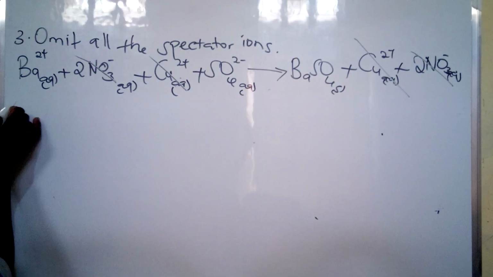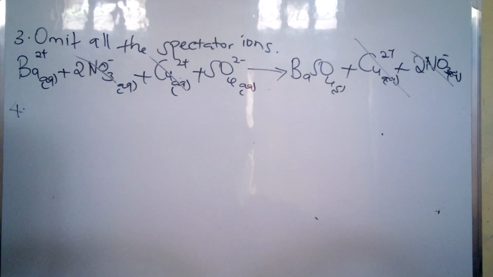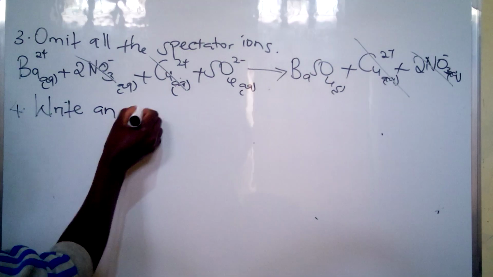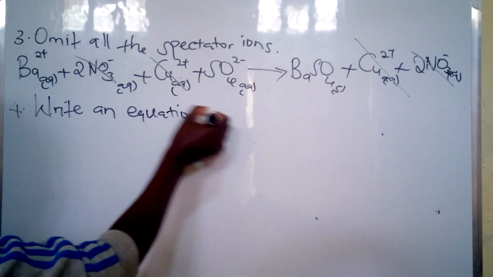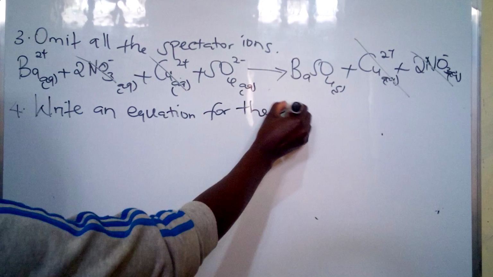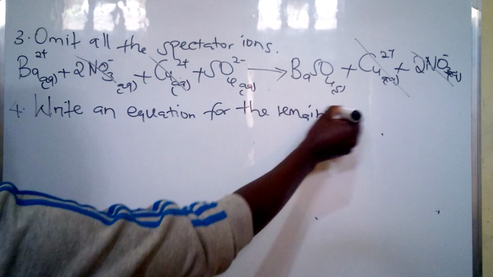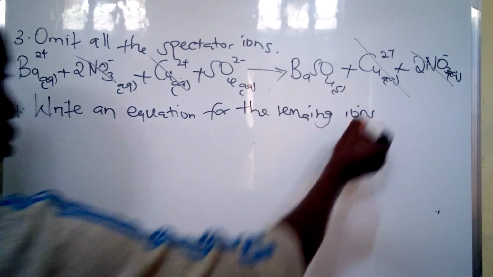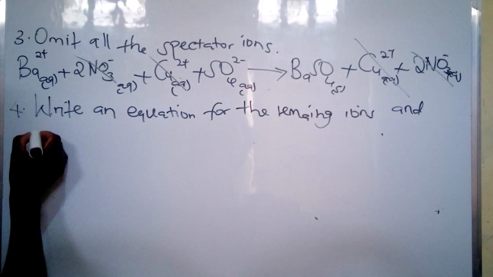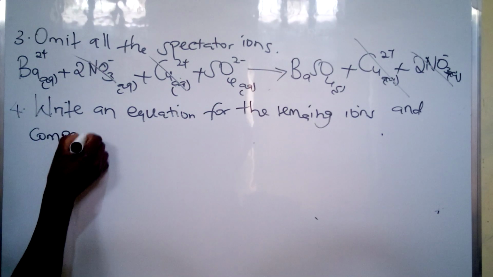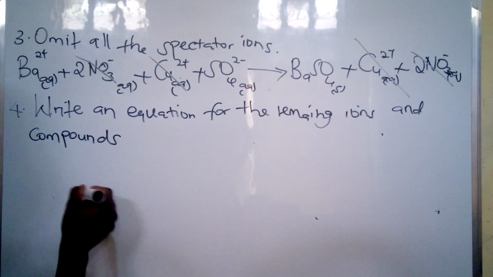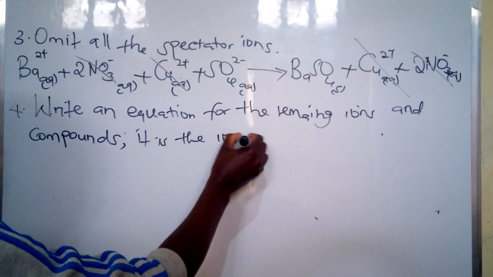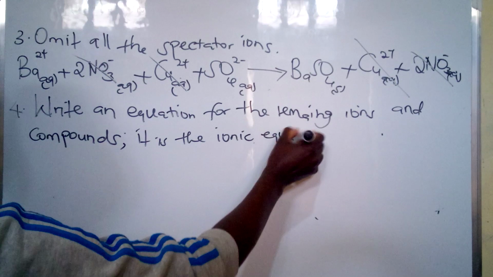So step number 4 in this case, we are going to write an equation for the remaining ions and compounds. That is the ionic equation.